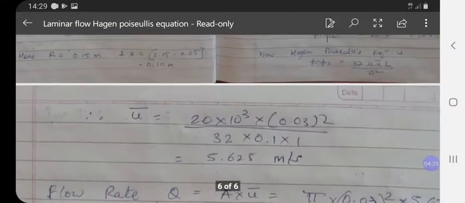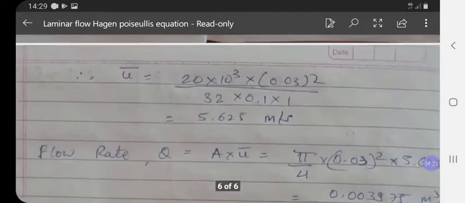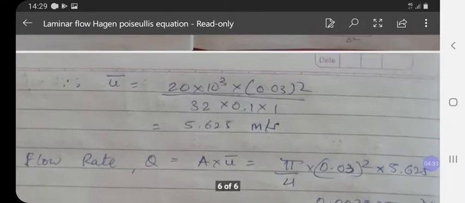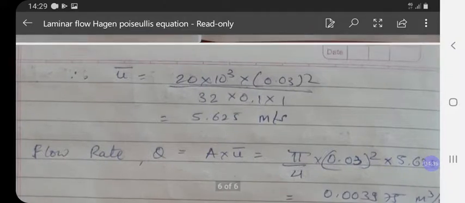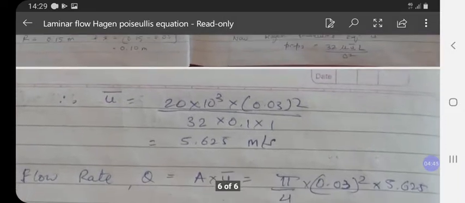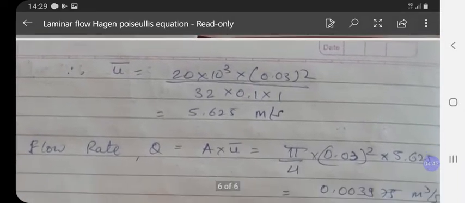Putting all the values in the Hagen Poiseuille equation, I'll get u bar or u average as P1 minus P2 into d square, so 20 into 10 to the power 3 into 0.03 square, upon 32 mu L. So 32 into mu, which is 0.1, and the length of pipe is 1. So the average velocity is 5.625 meters per second.